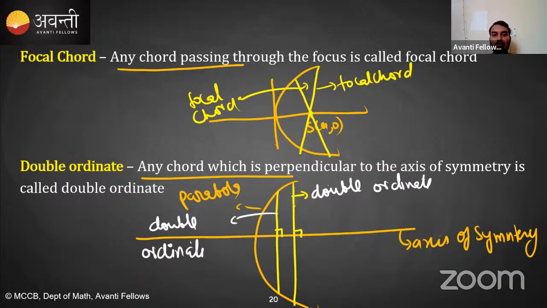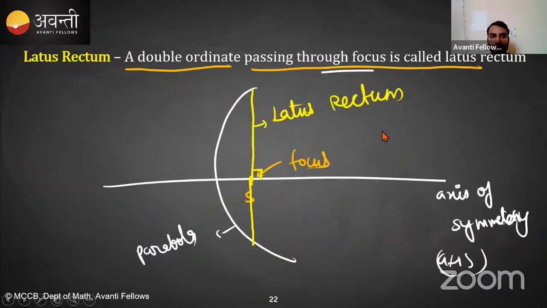Any chord which is passing through the focus will be known as a focal chord. Double ordinate: any chord which is perpendicular to the axis of symmetry. And latus rectum: a double ordinate passing through the focus is called the latus rectum. Clear, everyone? Is there any doubt regarding the terminology of the parabola? Let me know if you have any doubt.